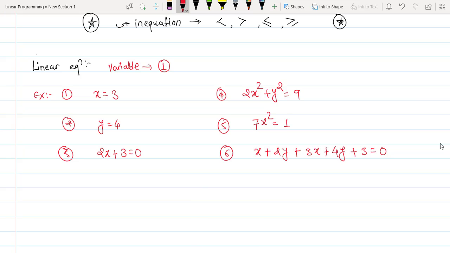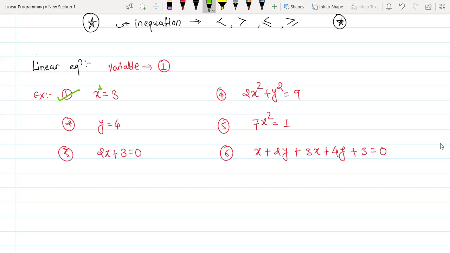Whatever the count of variables, 1, 2, 3, 4 doesn't matter, but what is important is that the highest power of the variables should be 1. Now let's count. In the first equation, the variable is x and the power is 1. So it's a linear equation.